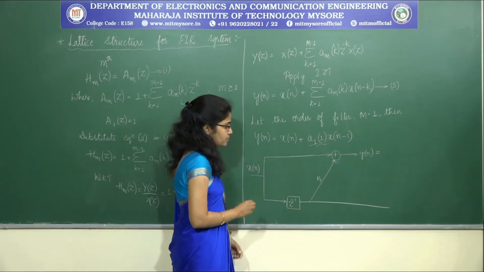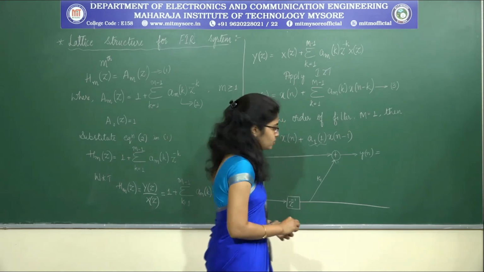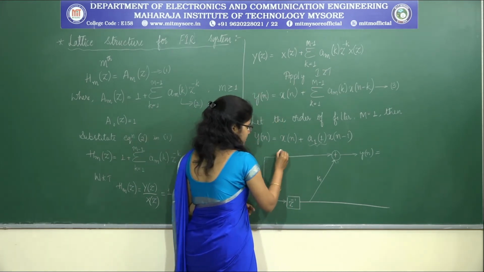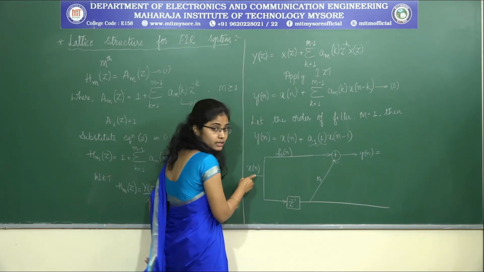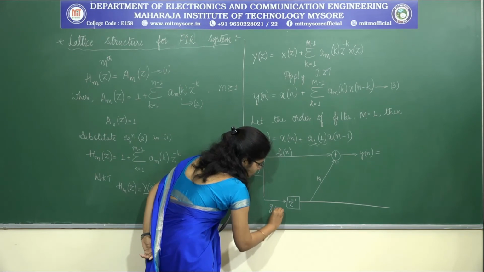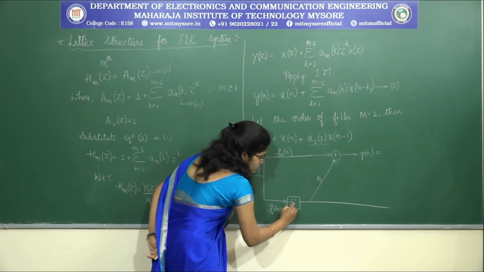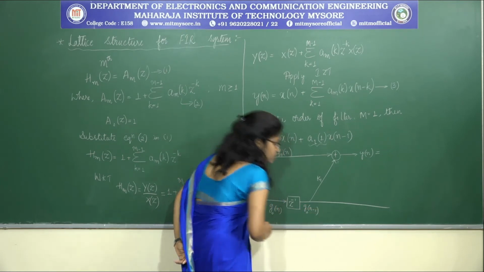For the purpose of simplification, I will consider the signal coming here as f0 of n. So x is getting divided into f0 of n and here it is g0 of n. If g0 of n is delayed once, we will get g0 of n minus 1.